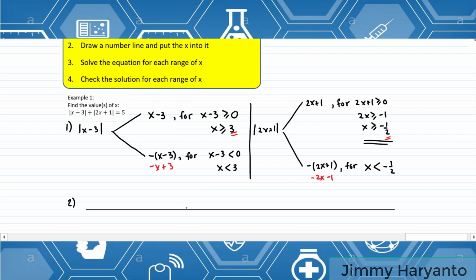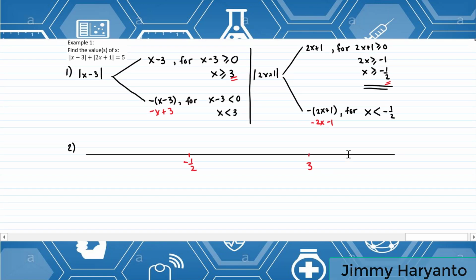So I put negative half right here, and I put 3 right here. As you can see, the negative half and 3 divide the number line into three rooms.